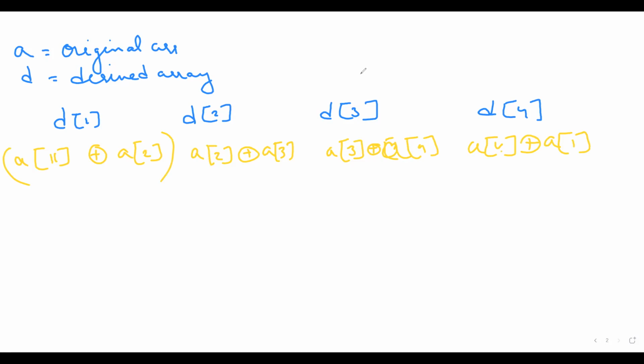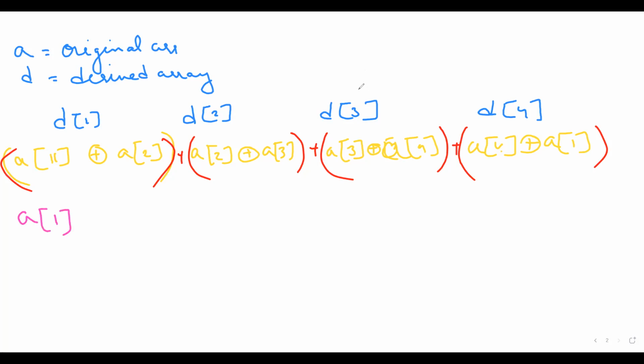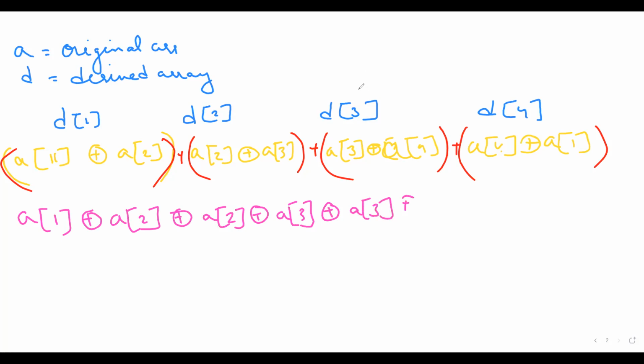If we do the XOR of everything, then you can write it by removing the brackets, just the brackets, nothing else we are changing: A of 1, A of 2, A of 3, A of 4, A of 1.